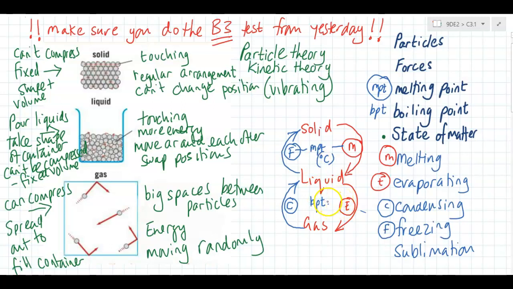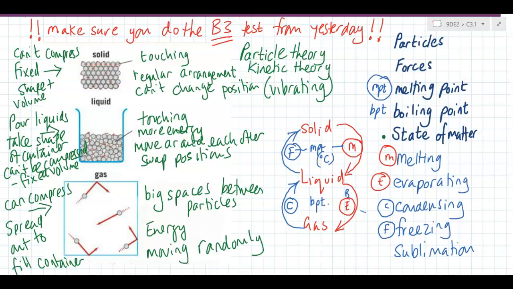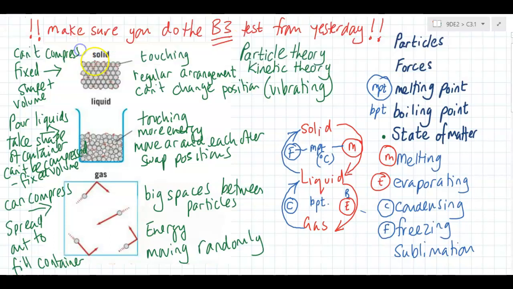And evaporating is a little bit different, but we could label this state change here boiling. I'll use a B for boiling. Evaporating happens at all temperatures, but is fastest at boiling point. And gases condense at their boiling point, which we can measure again in degrees C.